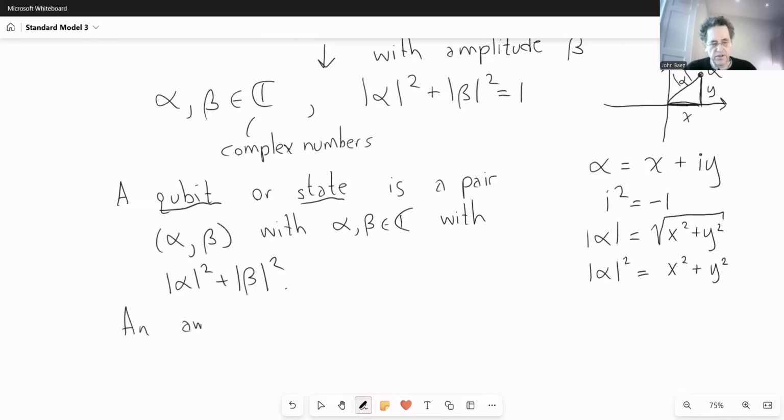So an amplitude, I will sort of define now. An amplitude, let's say like alpha, is a complex number used to compute a probability.